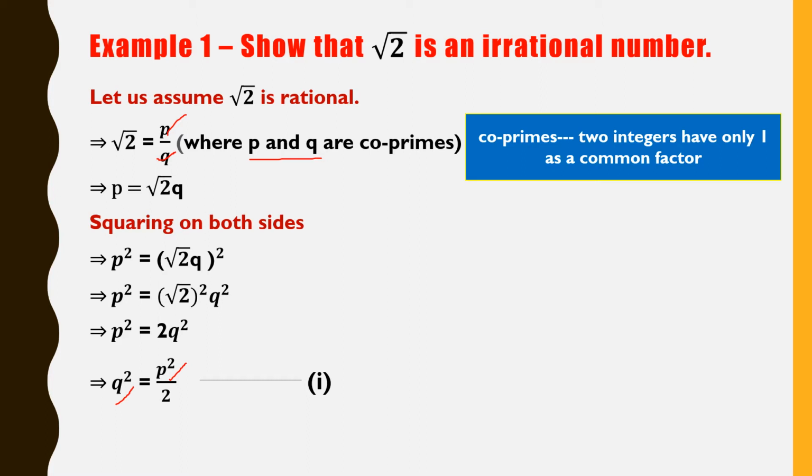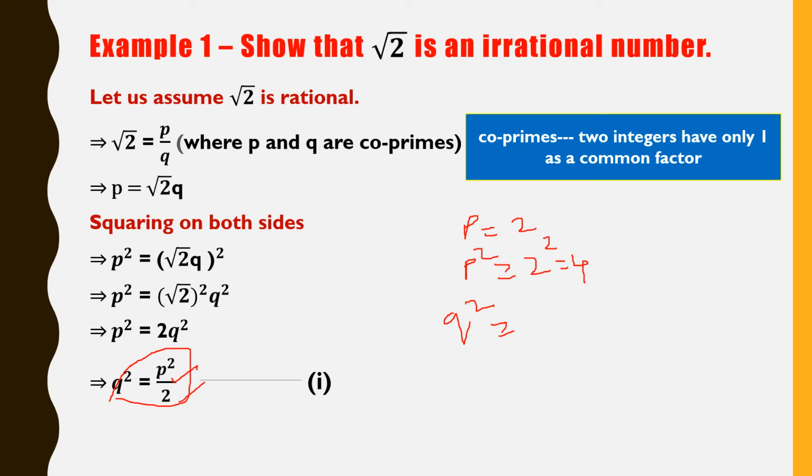Then how will we prove it? Simple. See here, children, let me take one example. Let me take P equal to 2. Then what about P square? P square will be 2 square, which means 4. Now I'll put that in here. Q square equals P square by 2, right?